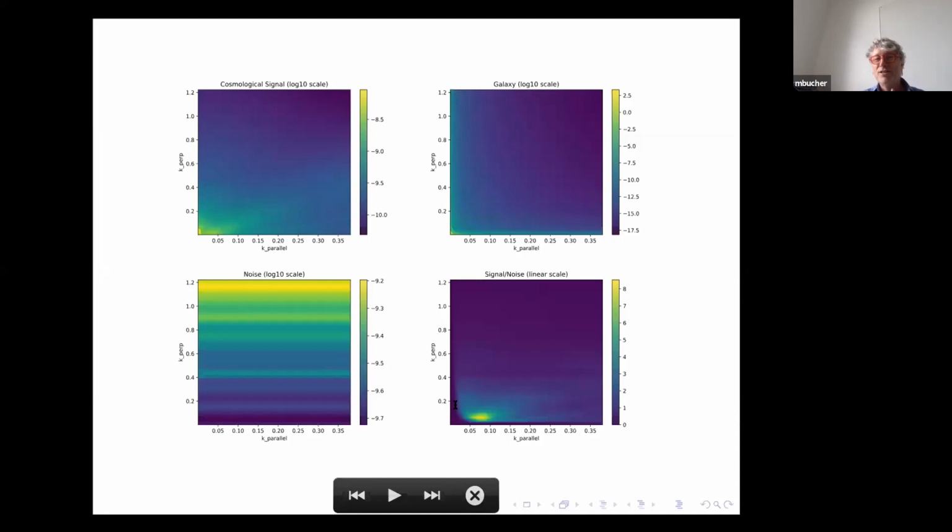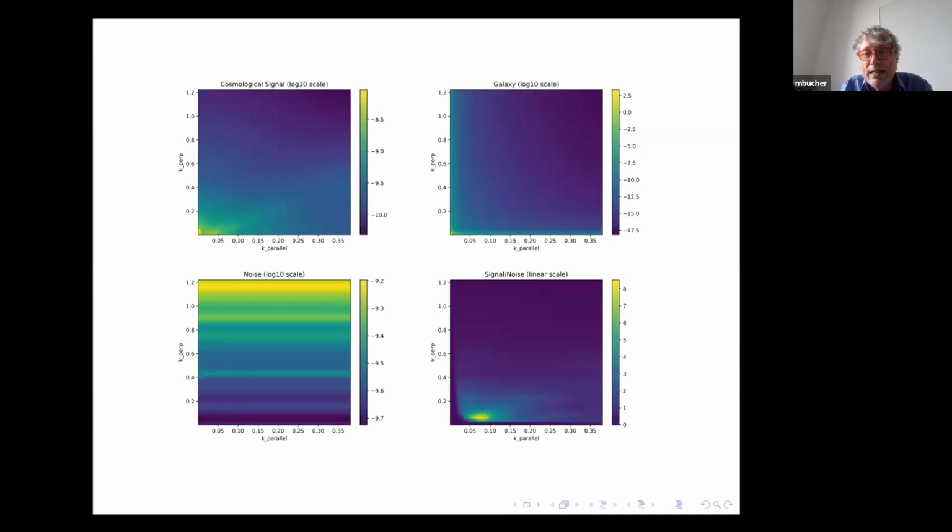We haven't done it yet, but the idea is to look at different redshifts, and also to look at where we want to measure to see the baryon acoustic oscillations.